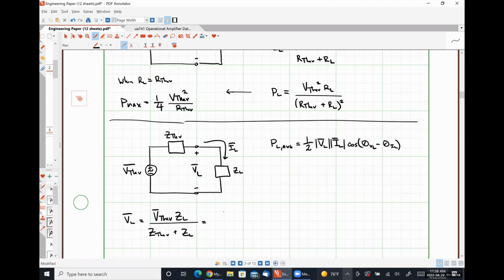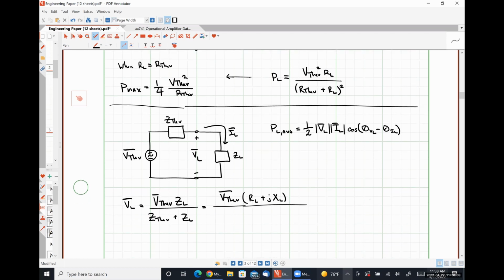So that would look like phasor voltage V Thevenin times RL plus JXL divided by R Thevenin plus JX Thevenin plus RL plus JXL.